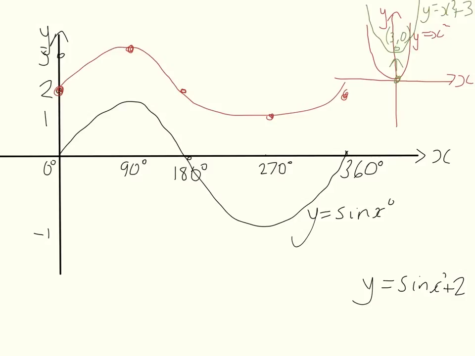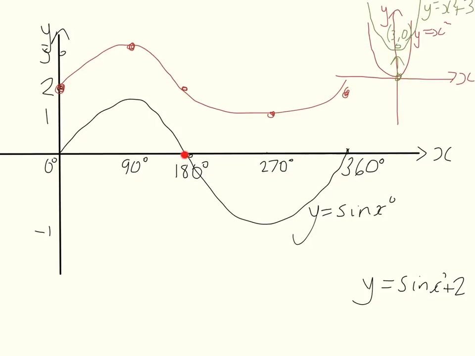Okay, so I've just done that there in my own time. Obviously it doesn't look as fancy and as refined as this graph here, but I'm doing it on a tablet, so I hope you can just understand the general idea that if we have got a regular y equals sine x, if we are asked to graph y equals sine x plus 2, we simply just shift every point on the graph up 2 places.